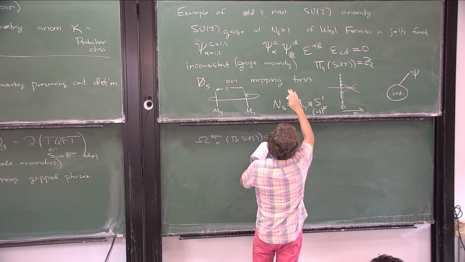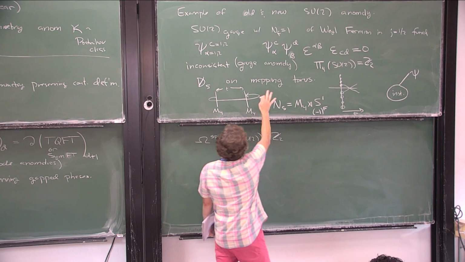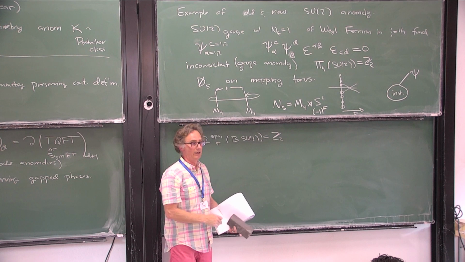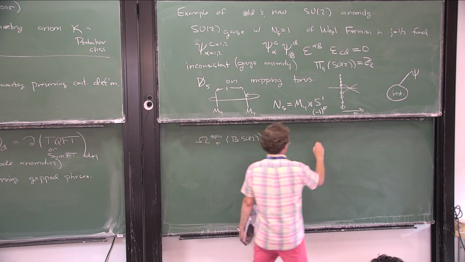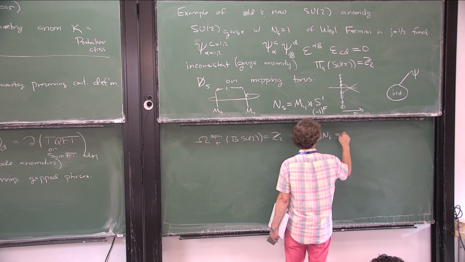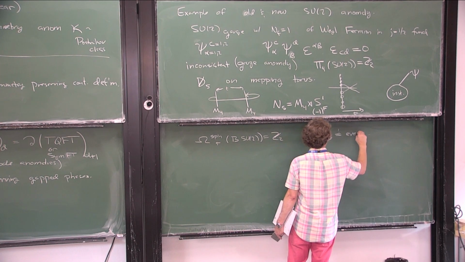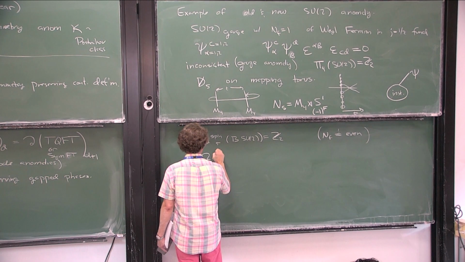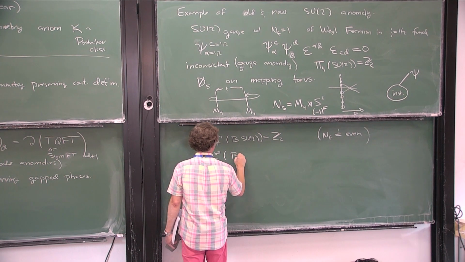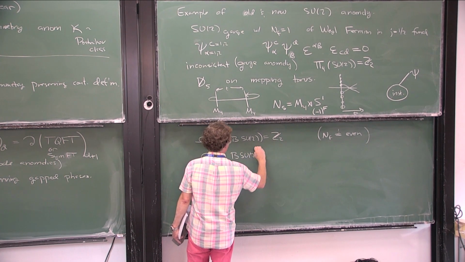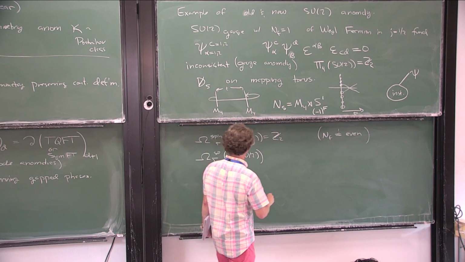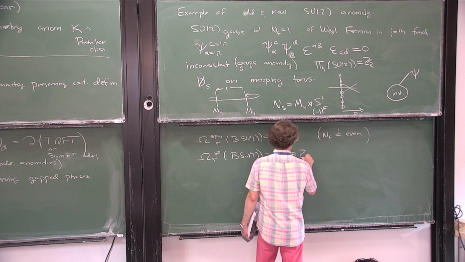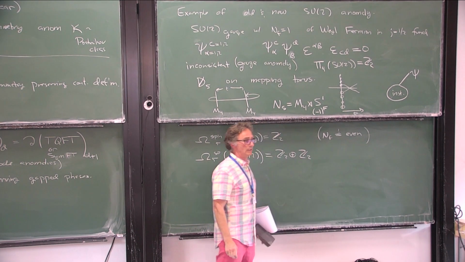Actually, for general N_F, this tells us N_F had to be even. And so if you look at the case of N_F odd, it's inconsistent. But if you look at the case without spin structure, then there's actually a Z2 plus Z2. So there's a new Z2.